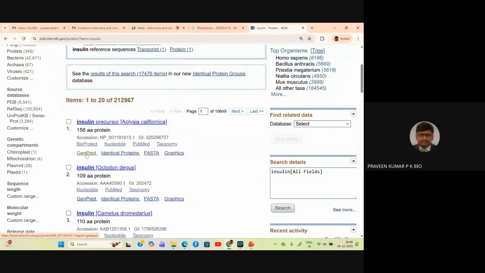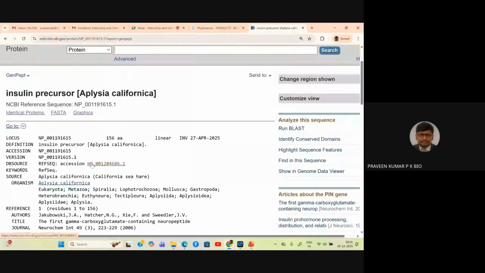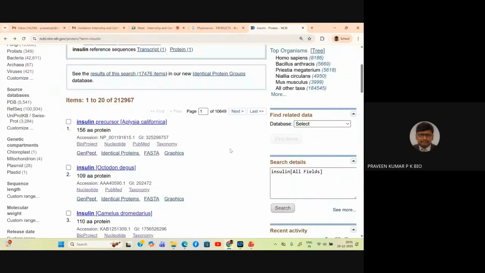I told you about the GenPept information; we have different formats, and GenPept is a kind of format. If you open it, you see the GenBank accession number and the size of the protein.